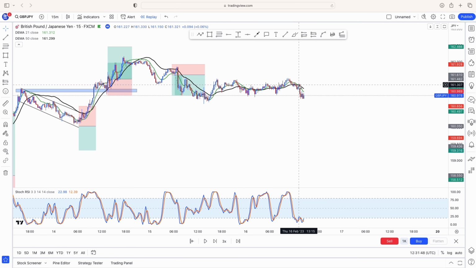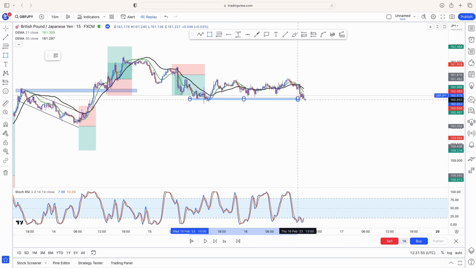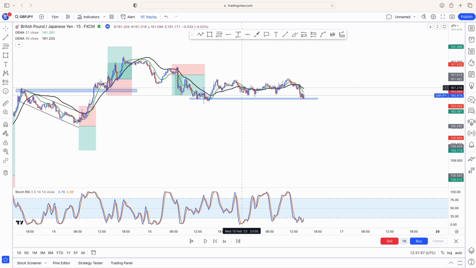Once it breaks below like this, let's check something. Remember, you have to mix this with technical analysis. You can see that the market has something like this. If you want to enter your sell here, you will say, okay, we are oversold, so we're not going to enter our sell. What I'm going to do is maybe put a sell position, but you don't just put it like now.